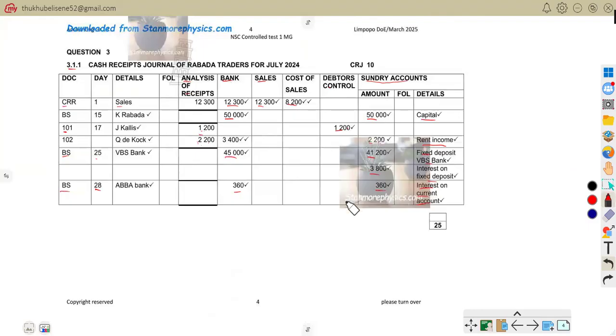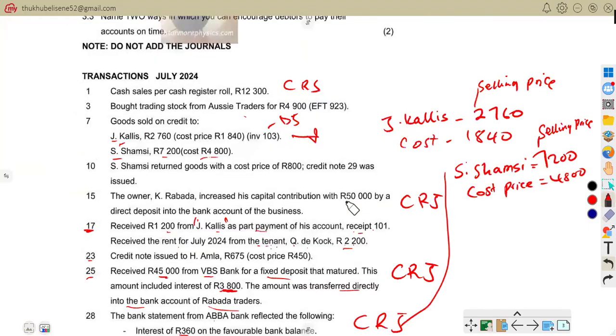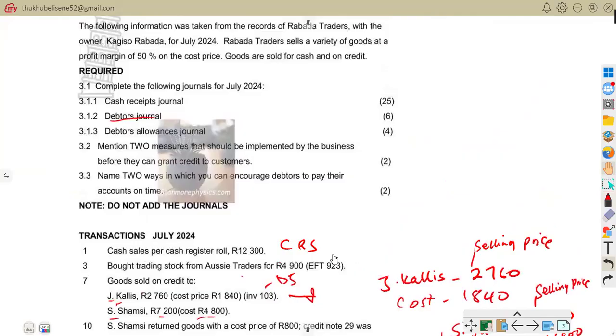So we are done with 3.12, and we are to calculate 3.13, the debtors allowance journal.